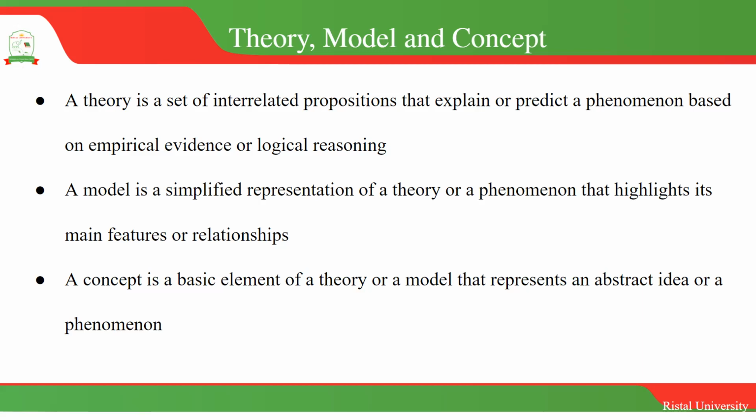Then we move to what we call a model. A model is a simple representation of a theory or a phenomenon that highlights its major features. Where you have a theory that could be complex to explain in words, you decide to simplify it by using arrows to illustrate how the elements or concepts relate to one another.